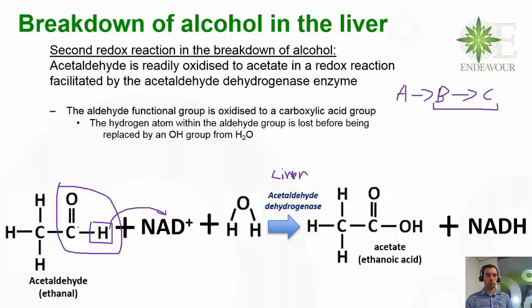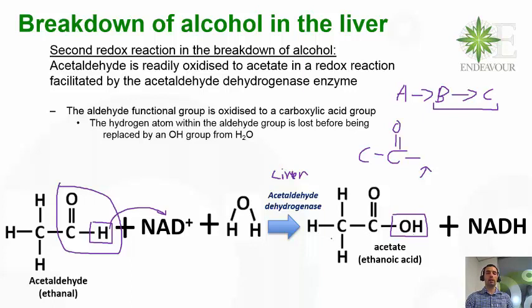So let's have a look at the consequence of acetaldehyde losing this hydrogen atom by looking at what is in the product. Now it doesn't have hydrogen attached, it has OH attached instead. Because the hydrogen was lost, there's now space for the carbonyl group within the acetaldehyde compound to attach to something else. So we've got this spare bonding position, and it turns out what it bonds to is OH.